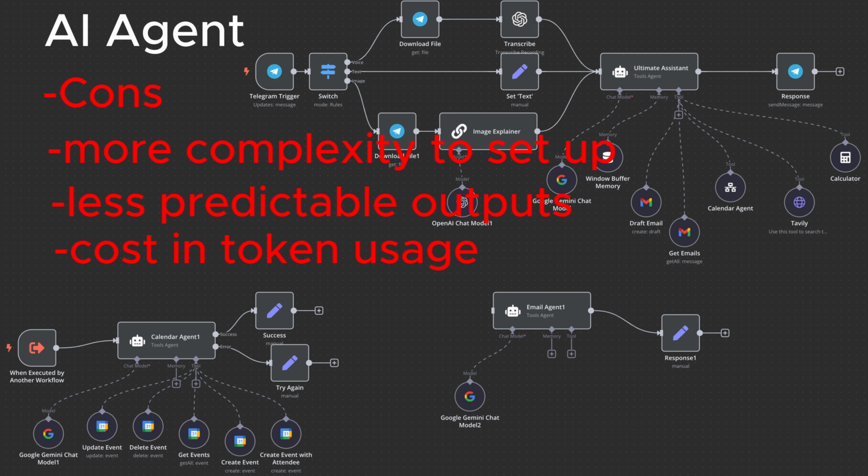Also, debugging can be trickier, figuring out why the agent chooses a specific tool or path. They're generally best for building chatbots, complex research tasks requiring web search and data synthesis, personal assistance, managing multiple applications, email, calendar, tasks, automating processes where the exact steps might vary based on the input.